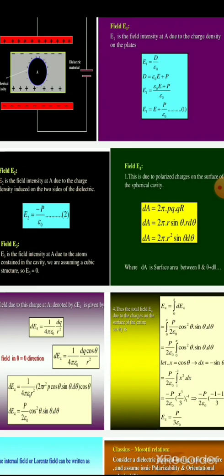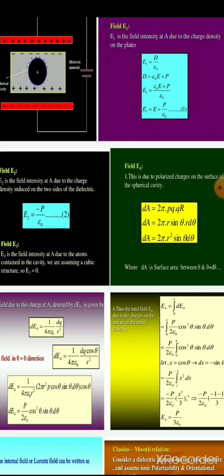As you know, E equals 1 by 4 pi epsilon naught q by r square, for the electric field of only one charge. Here we are considering only one charge, so we have taken only q. dE equals 1 by 4 pi epsilon naught dq cos theta by r square, the horizontal component.